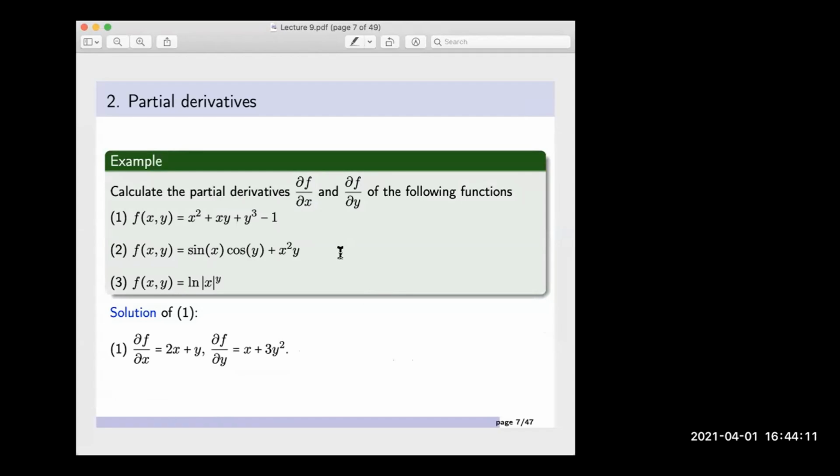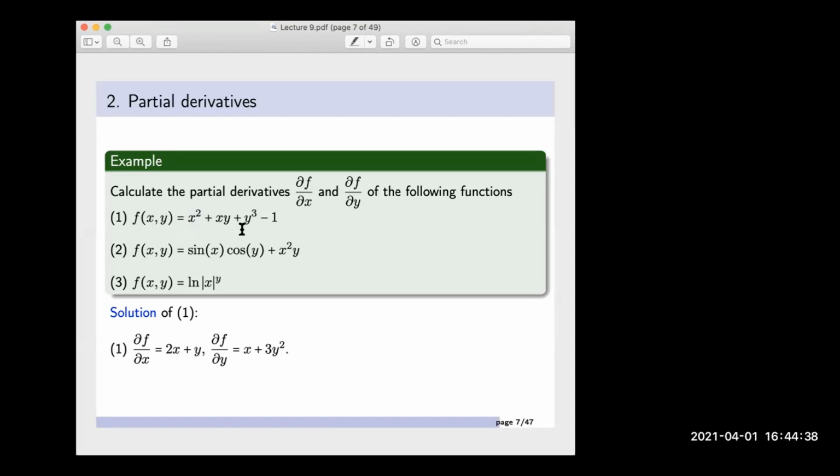According to this definition, you can easily calculate the partial derivative of a given function, provided you have the expression of the function. For example, you have the expression of the function f of x, y. If you take the derivative in x, basically you regard y to be a constant. So this is a quadratic polynomial in x. Y is simply a constant.